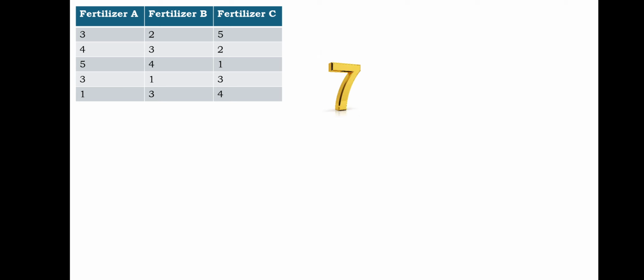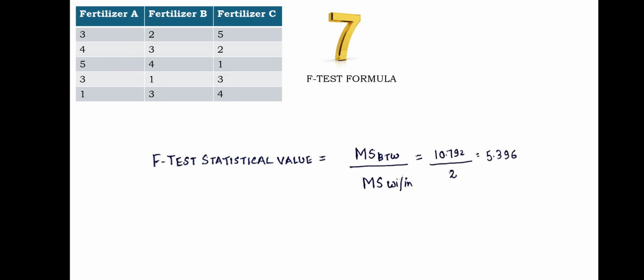So now we have our seventh step, which is the F-test formula. We remember from the beginning of the lesson that the F-test statistical value is the between the group variance divided by the within the group variance.